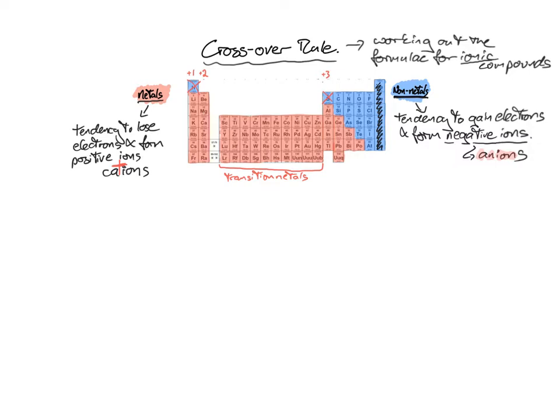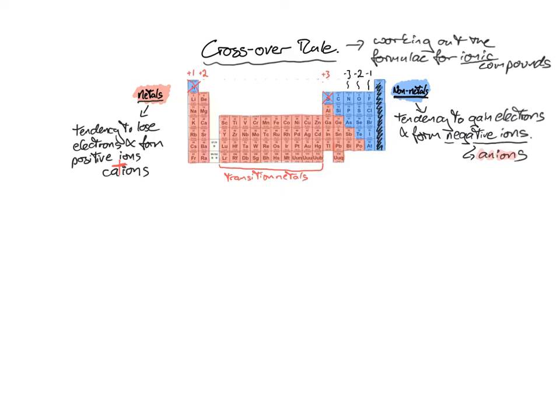They will all gain 1 electron, which will take them to a -1 ion. Group 6 all have 6 outer shell electrons, which means they will gain 2 electrons, taking them to a -2 ion. And similarly for group 5, they will gain 3 electrons to make them into -3 ions. There we go, 1, 2, 3.